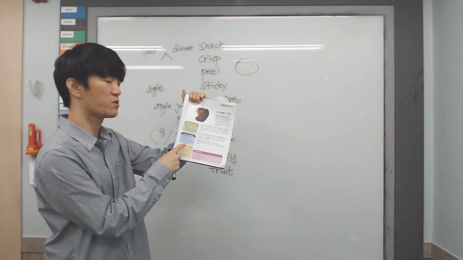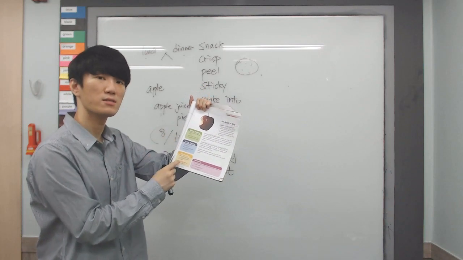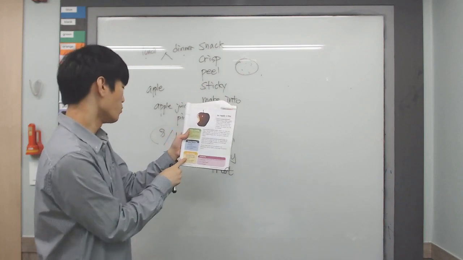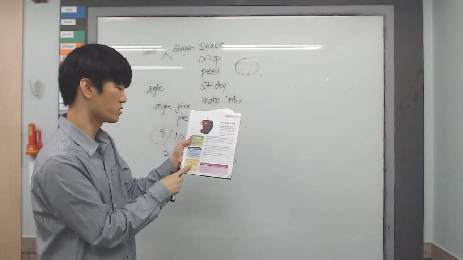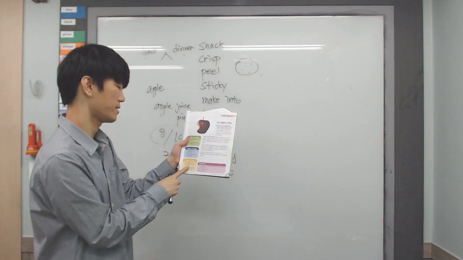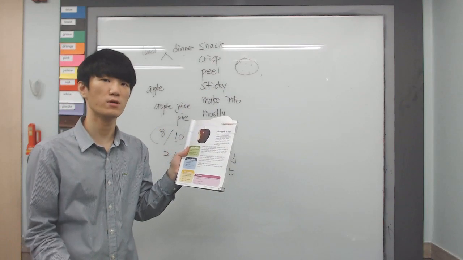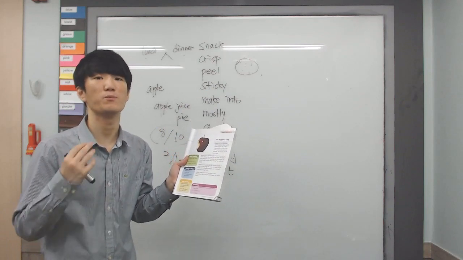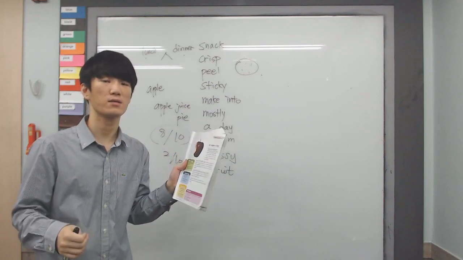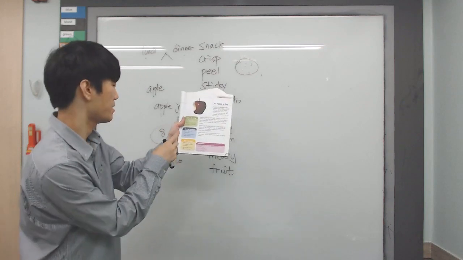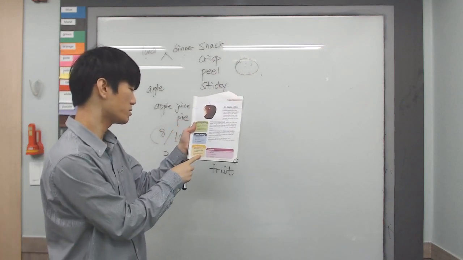And next one, after reading, please look at the yellow box. So number one, what kinds of food can apples be used to make? That means, as I told you before, apple juice, apple pie, apple cake. A lot of foods. And next one, do you like apples?